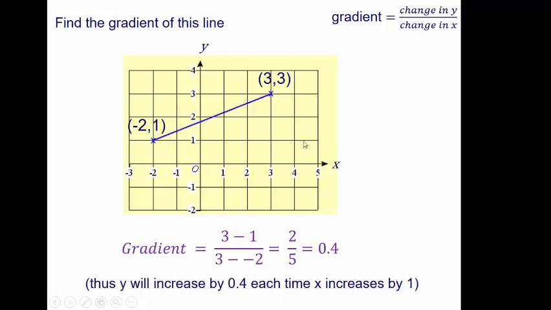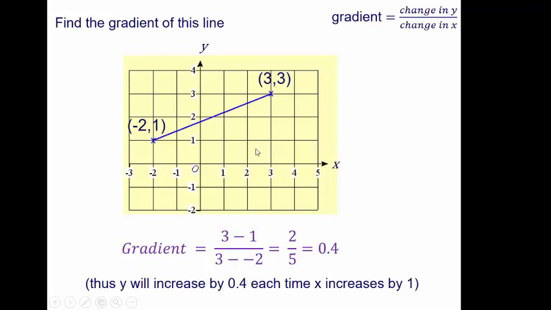What about this one? What's the gradient of this line? Well, the y coordinates went from 1 to 3, so the change in y is 2. And the x coordinate went from -2 to 3. So if we count squares, that tells us it's changed by 5. So the gradient is 2 over 5, or 0.4.